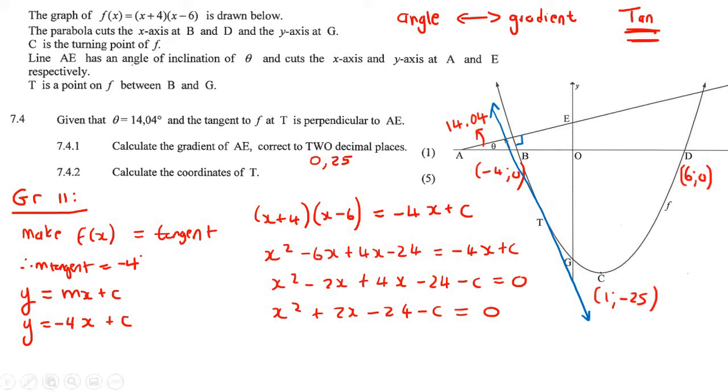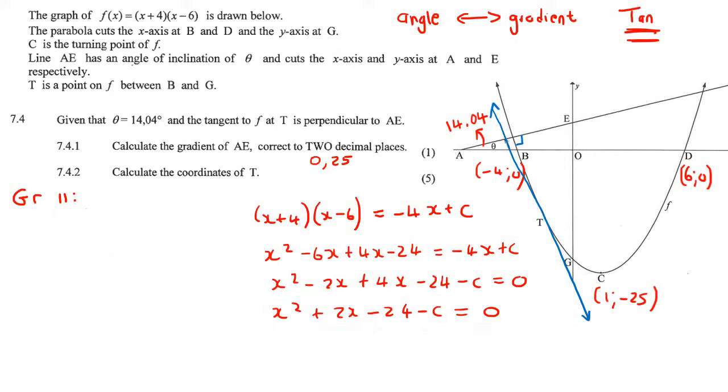So, as we said, we only want the tangent to touch the parabola once. So we only want this equation, when we solve it, to have one answer. So you might be thinking, okay Kevin, I understand, but how do we make it so that it only has one answer? Well, this is where we come back to nature of roots. If we can make the discriminant, or the b squared minus 4ac, equal to 0, then what we used to call that was equal roots.